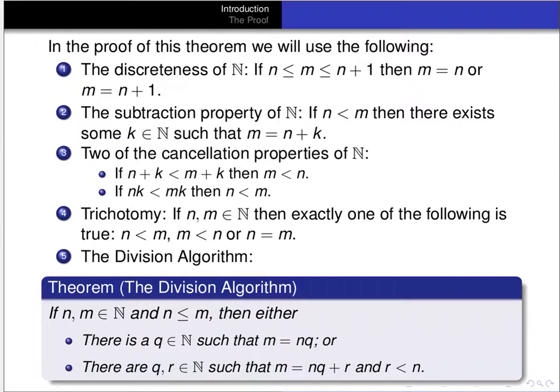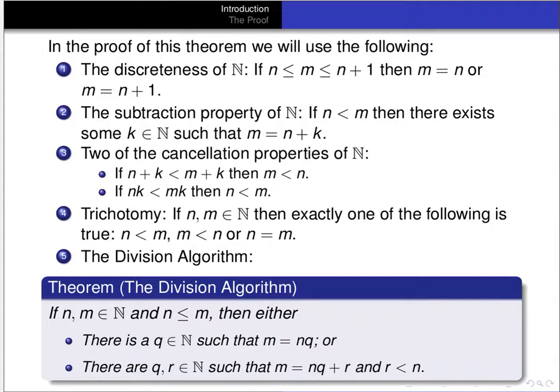So here in the division situation, m would be the dividend, n is the divisor, q would be the quotient. The first alternative is where n evenly divides m and q is the quotient. The second alternative is where n does not evenly divide m. The quotient is q, and the remainder r is smaller than the divisor n.